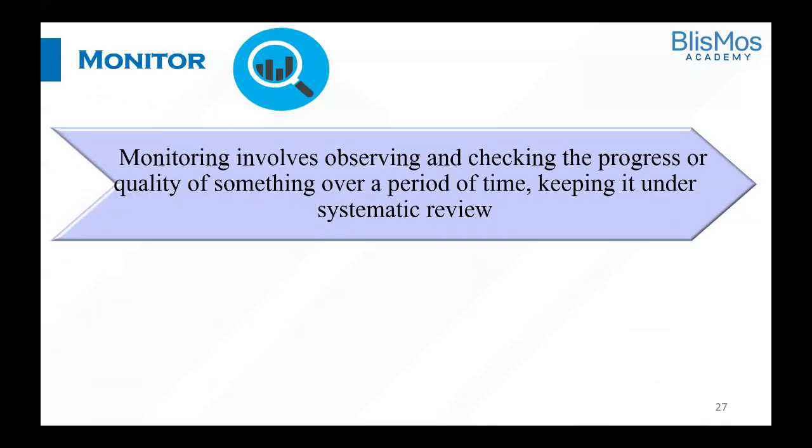What we do is we observe that pipeline and keep checking the progress and also the quality of the data over time, keeping it under systematic review. Okay. So it is a generic monitoring. Monitoring involves observing and checking the progress or quality of something over a period of time, keeping it under systematic review.